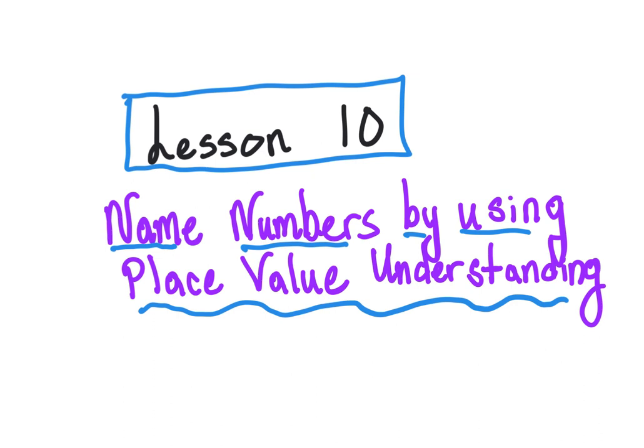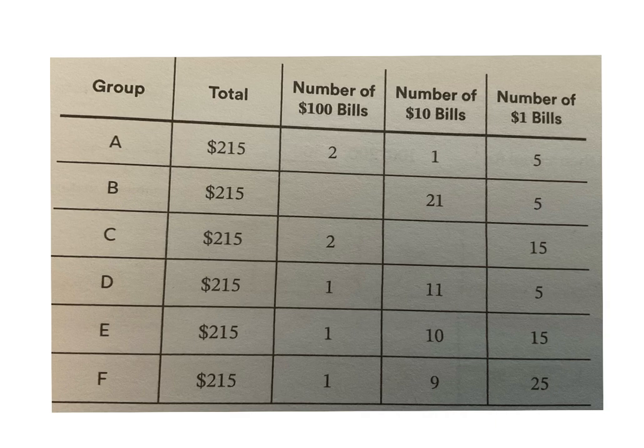Let's get started. We can use money as a way to understand that there are different representations that can equal the same total, like, for example, $215. We can arrange that in different ways, and it still will come out to $215.